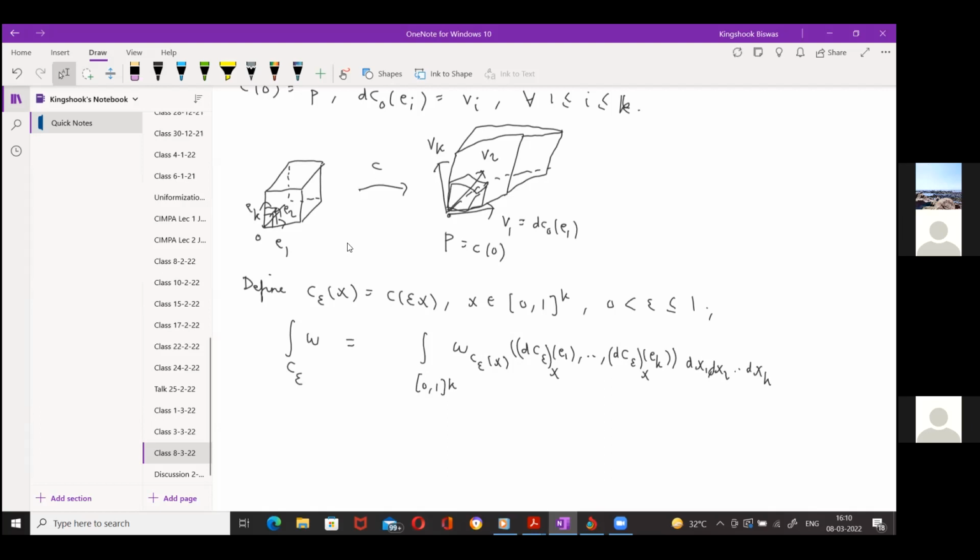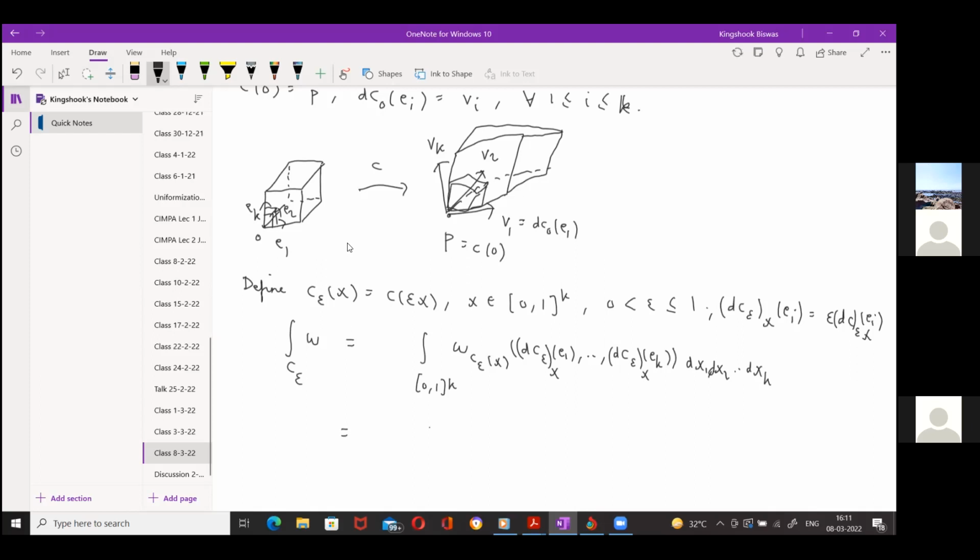Now note, by the chain rule, what is dc_epsilon at x of e_i? It will be just epsilon times dc at epsilon x of e_i, right? So what will happen?